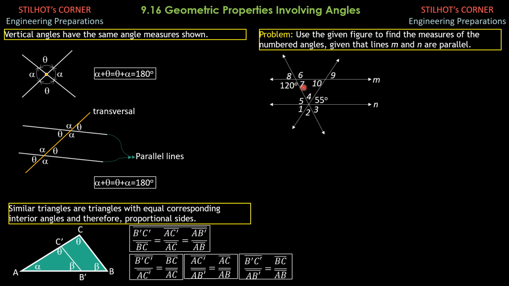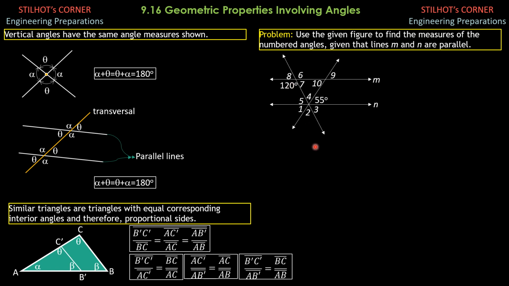So angle 7 is 60 degrees. This is also 60 degrees. Angle 8 is 60 degrees. Angle 6 is equal to this angle, 120 degrees. And angle 4 together with 55 degrees is also equal to this 120 degrees.